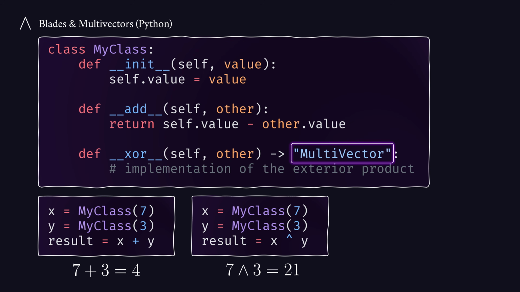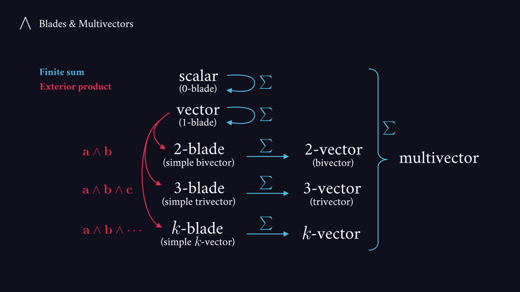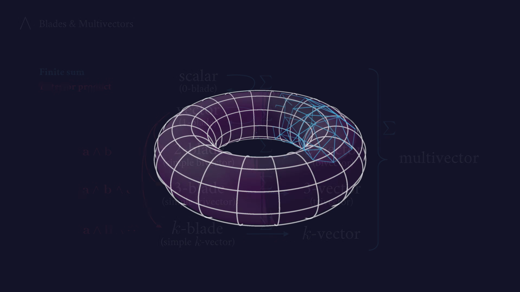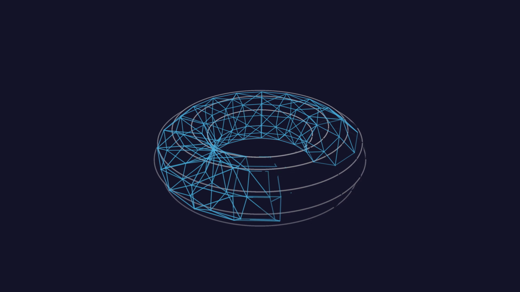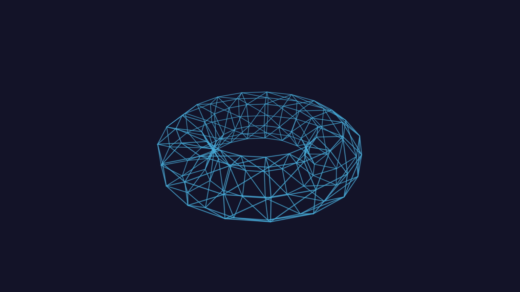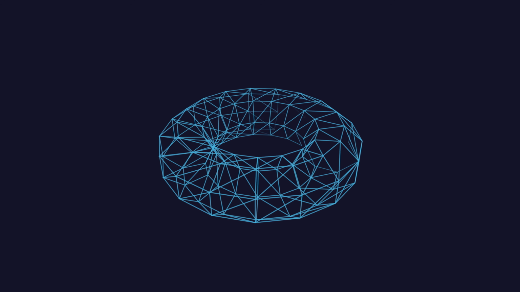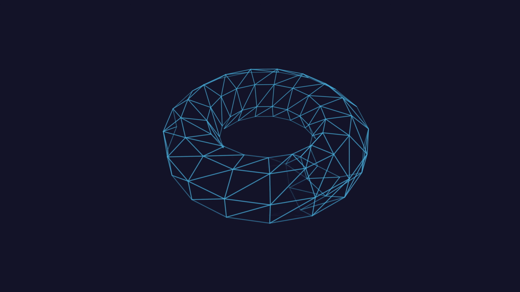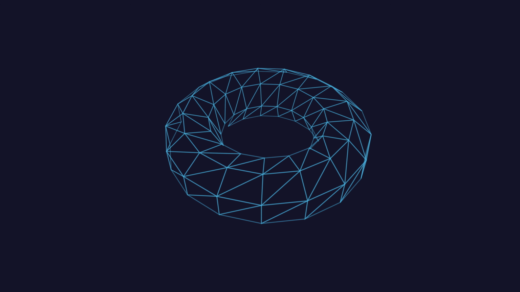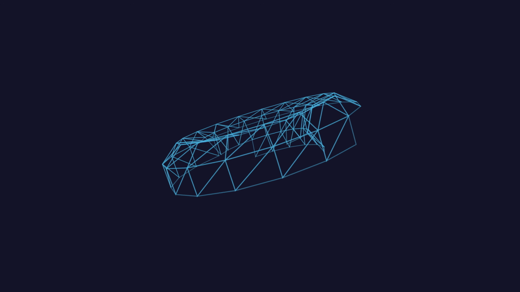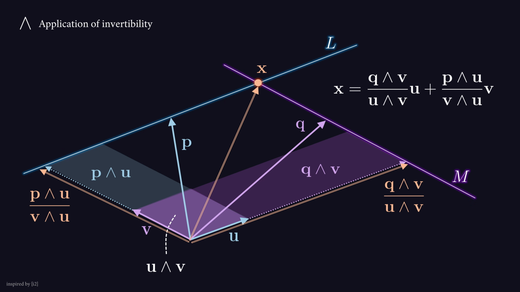Then we went over to adding blades to obtain in general k-vectors, and then adding those k-vectors to even obtain multivectors. And then we did some calculations with multivectors to get a bit of a feeling and intuition for them. And we've also seen two examples of how we can actually make use of them in code for computer graphics, here for the backface culling, and as an application of invertibility, we found out what the expression for the intersection of two lines is.